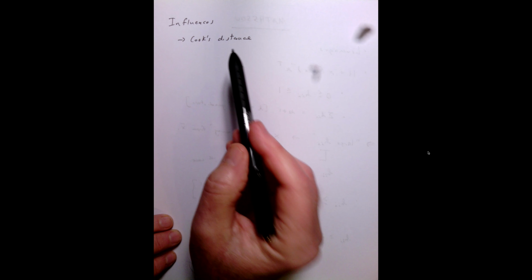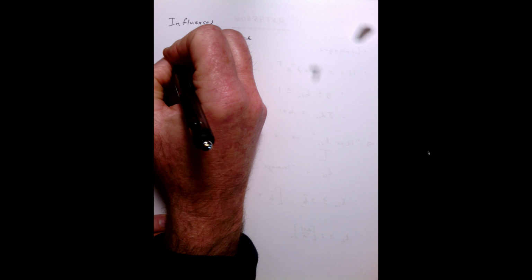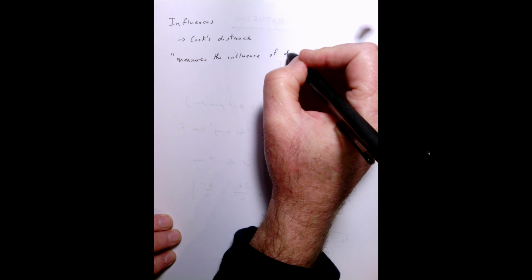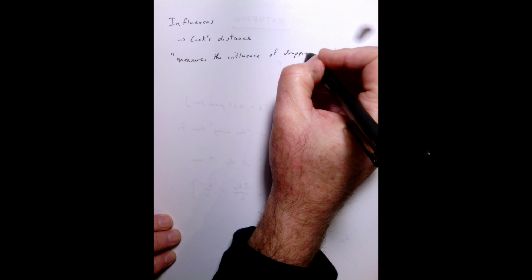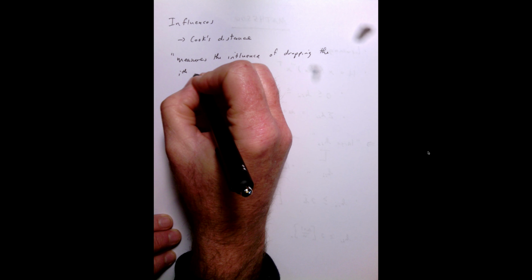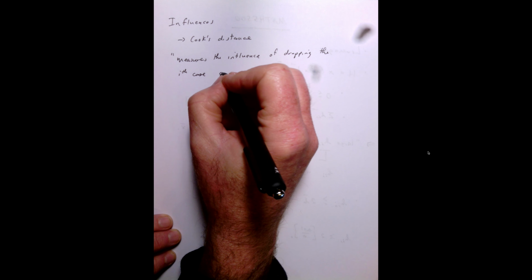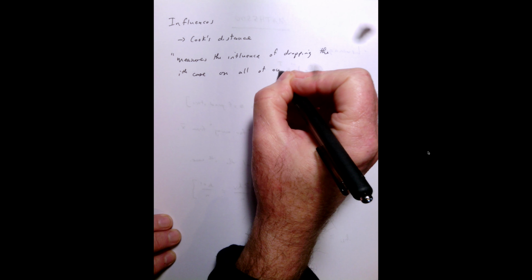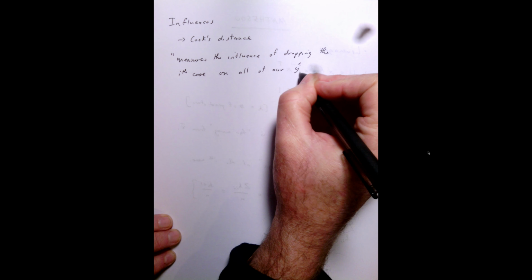Now, what does Cook's distance do? Cook's distance measures the influence of dropping the ith case on all of our predicted values.